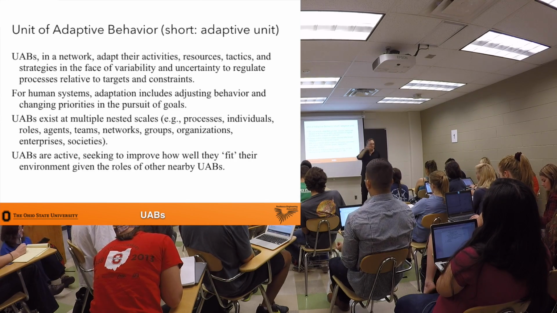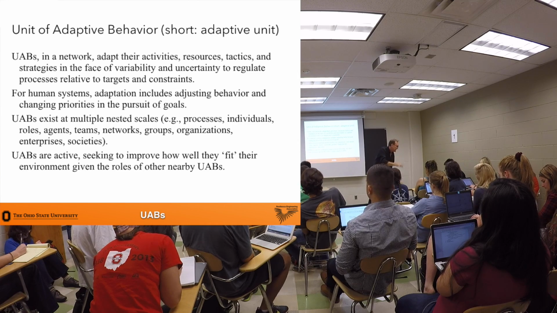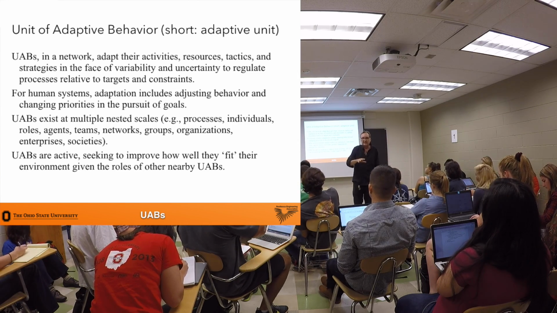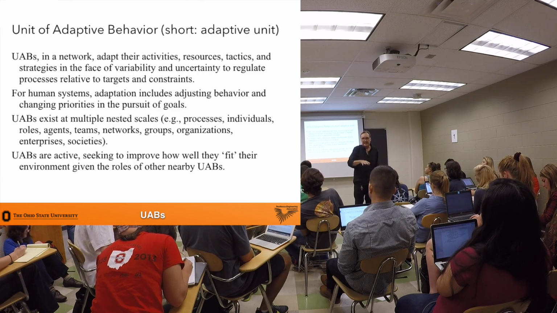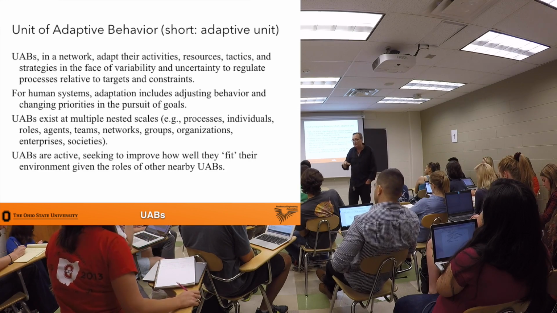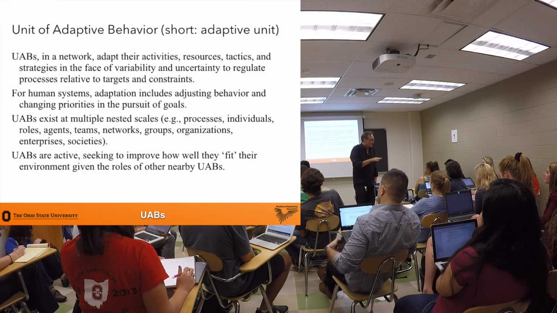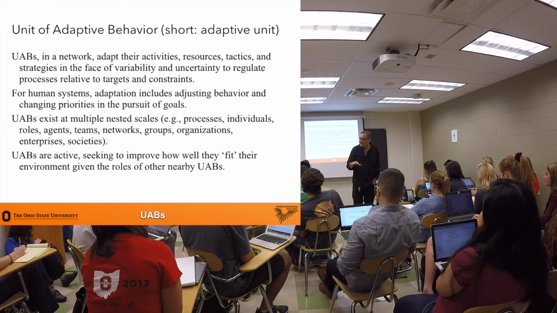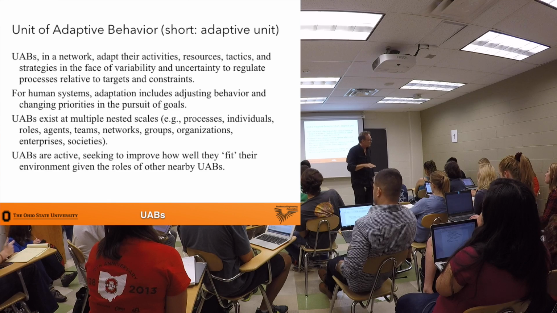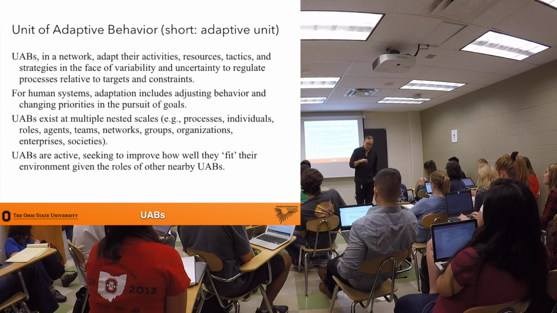So I don't want you to think of people, teams, automation, or organizations. I want you to think of adaptive units, units of adaptive behavior. Because we're going to lay out the properties of units of adaptive behavior. That's going to be a bunch of the definitions we're hitting, and we're going to say what those concepts are, where they come from in the history of, for example, biology and other places.